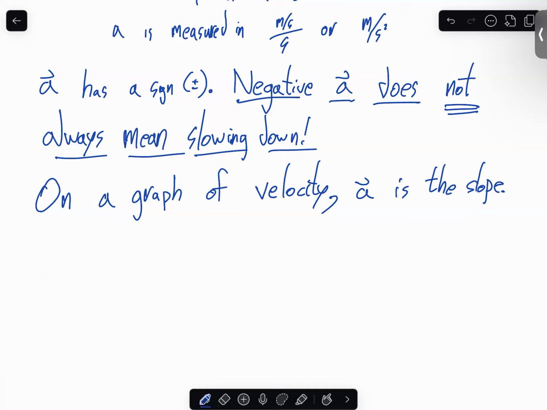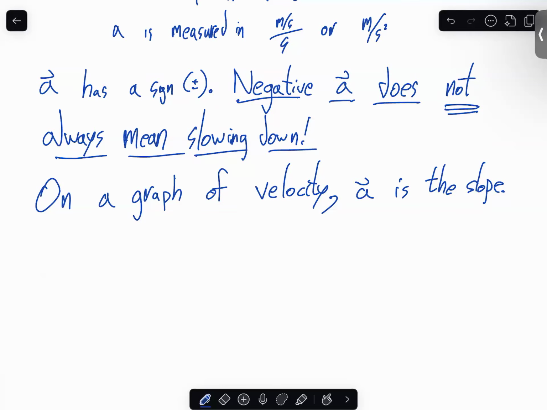I want you to be very careful. You have been dealing with position graphs a lot since the semester started, and you have hopefully memorized and understood that the slope of position, how rapidly position changes, rise of position displacement over run of time, tells you velocity.